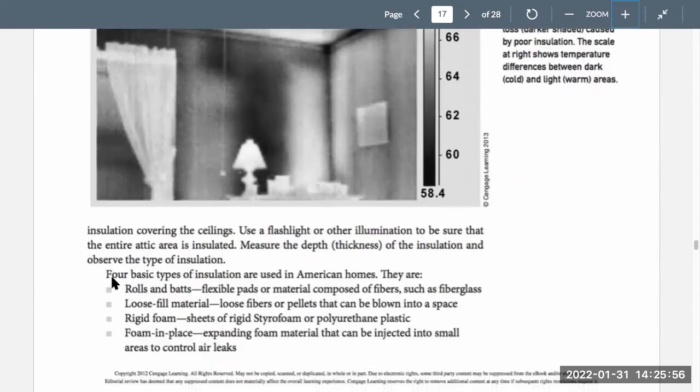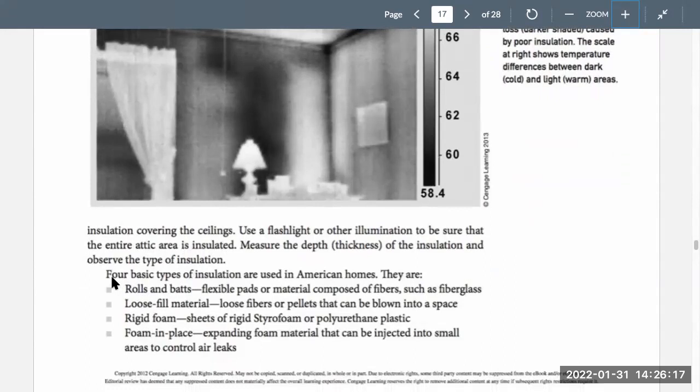This also talks about insulation, and it gives you some more information on types of insulation that you need in your home. So in your homework, you have a couple definitions. You'll find some of the definitions here, and some at the end of the chapter.